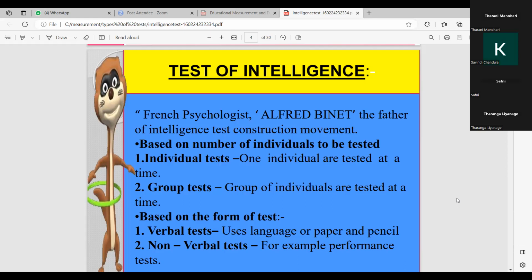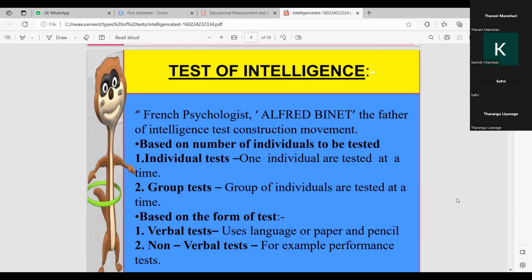There are group tests. Groups of individuals are tested at the same time. For example, nowadays it's a tradition in recruitment interviews, especially in the private sector, right? They want to see the social skills of their employees.